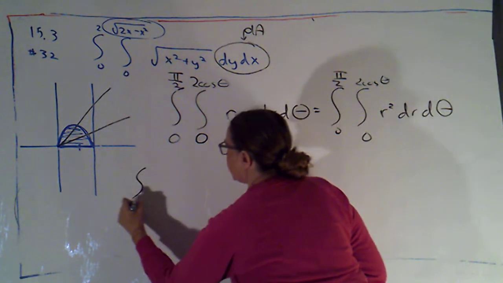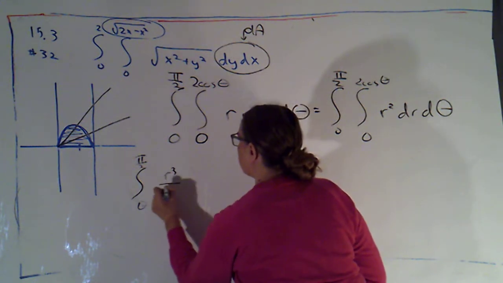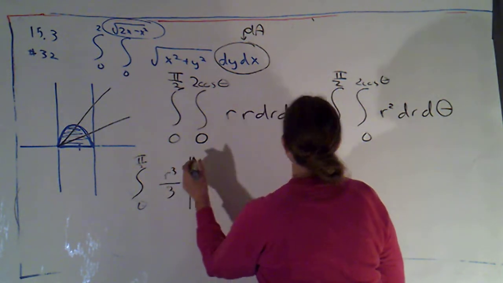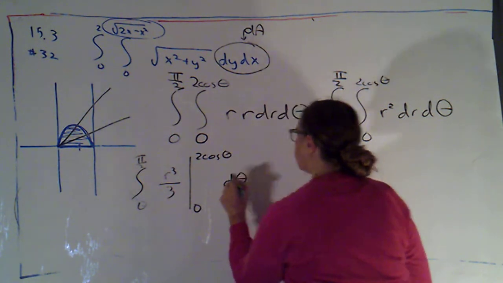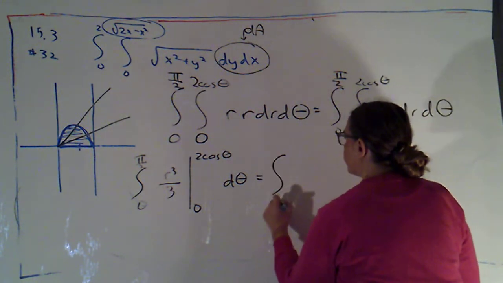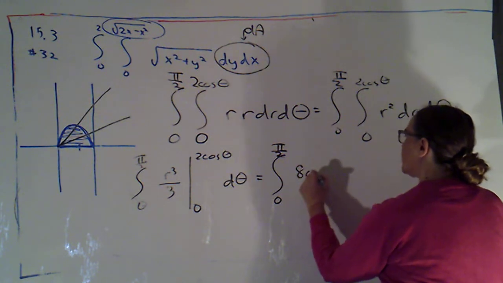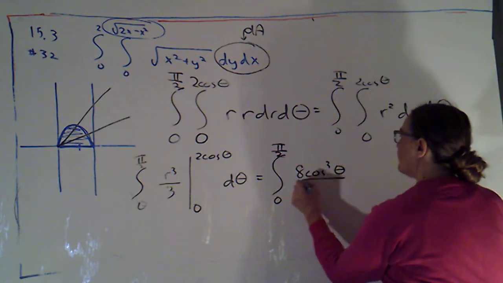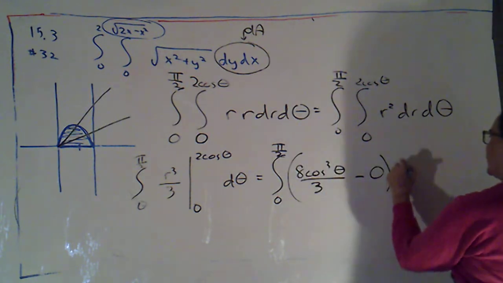So I'm going to get the integral from 0 to pi over 2, r cubed over 3, evaluated between 2 cosine theta and 0, and then we still have to integrate that with respect to theta. Beautiful. Integral from 0 to pi over 2, 8 cosine cubed theta over 3 minus 0 d theta.